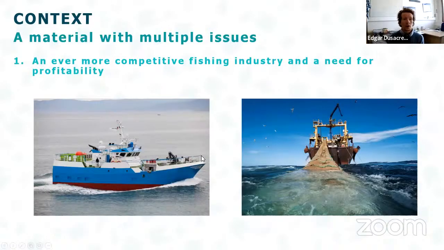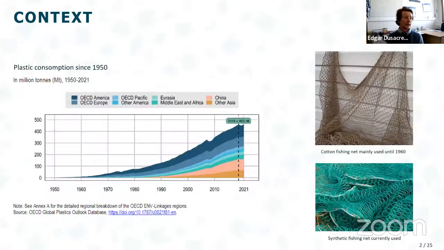So, a bit of context. If you already listened to the other webinars, you already saw this type of graph. In fact, this is a graph of plastic consumption since 1950, but it's a new one of 2021 coming from the OECD, from the Global Plastic Outlook database.